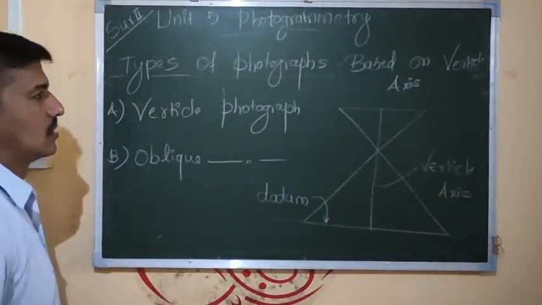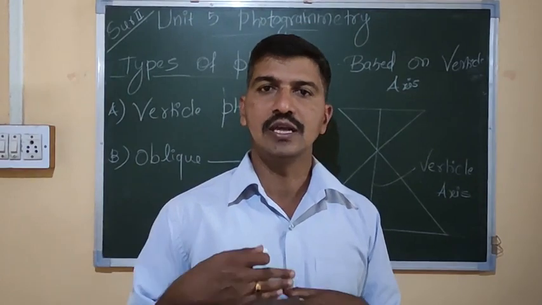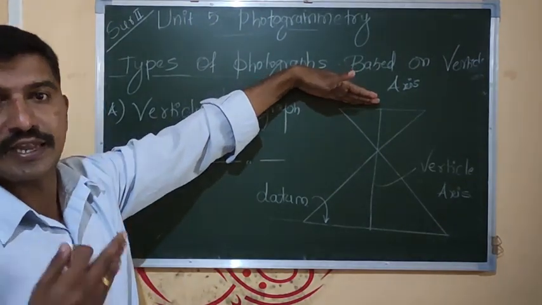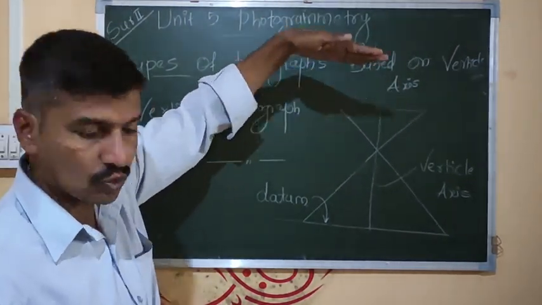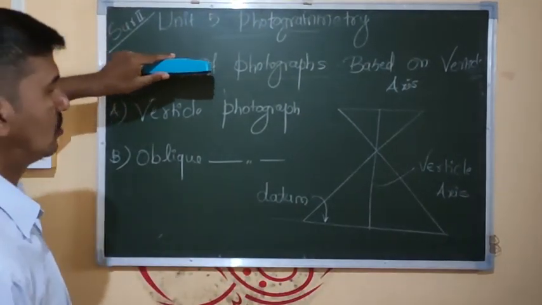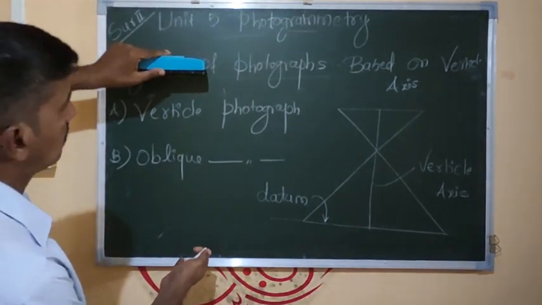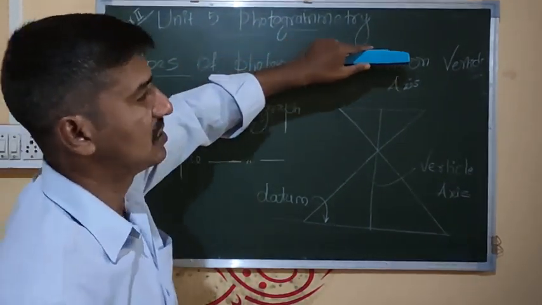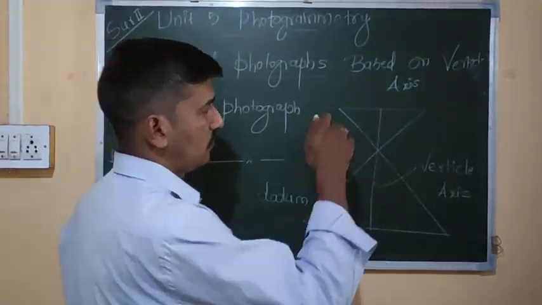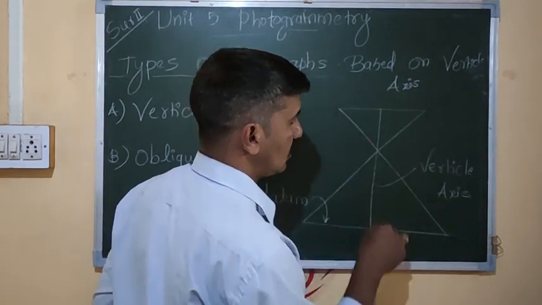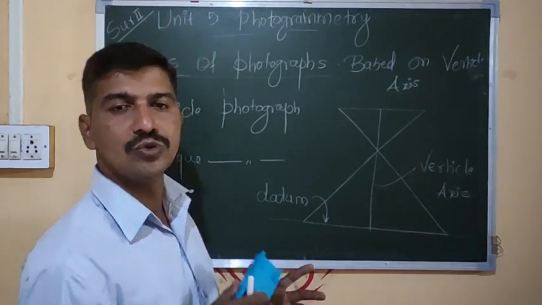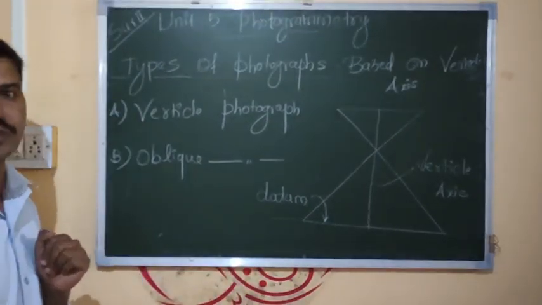Now, as we were discussing the aerial photograph as well as the terrestrial photographs, if we consider the aerial photographs, the camera is mounted in an aeroplane, and the aeroplane is moving at some particular height from the ground. Let us say this is the ground, and it is capturing the images. Now, if this vertical axis is exactly perpendicular to your datum surface, then those photographs are called vertical photographs.